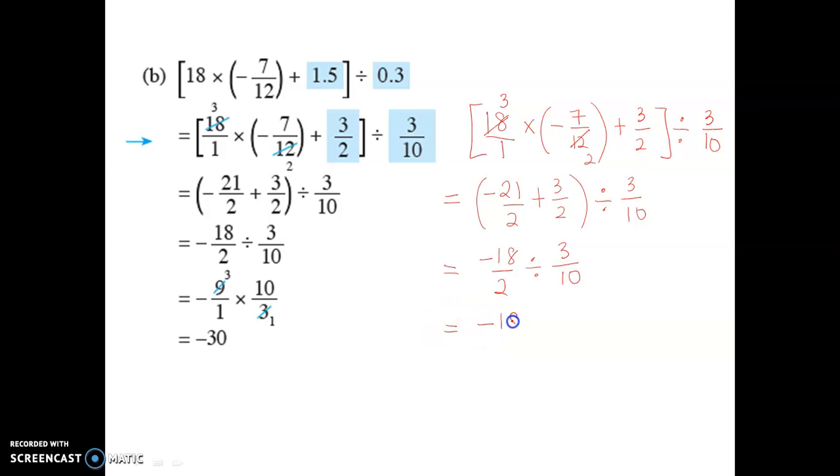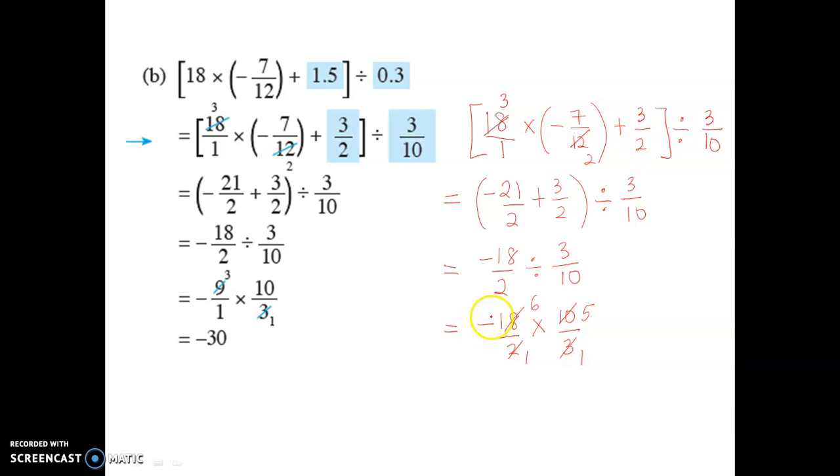Since you cannot divide fractions, you have to change this one to multiplication. Change, and then this fraction will become inverted. Then we check, 2 and 6 can cancel out. 2 times 1, 3 times 1. 3 times 10 and 3 times 1. Be alert with the sign, is it positive or negative?